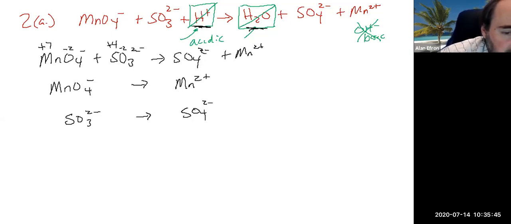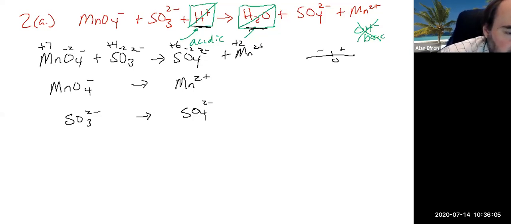Coming this way, the oxygen is -2. That's -8. The sulfur here would be +6 in this case, and this guy would be +2. So this is assigning our oxidation numbers like we talked about in class. Again, you could look at your number line there.